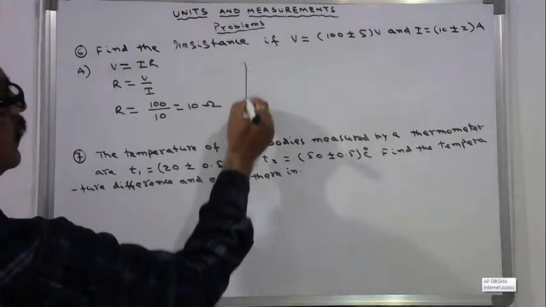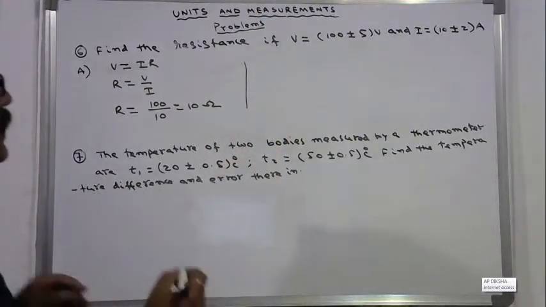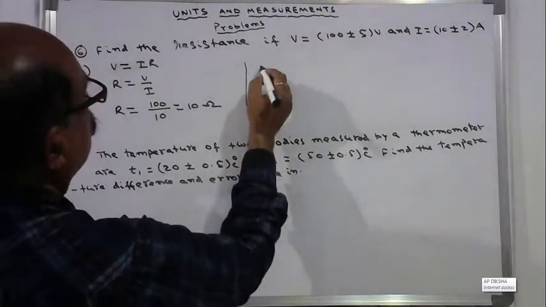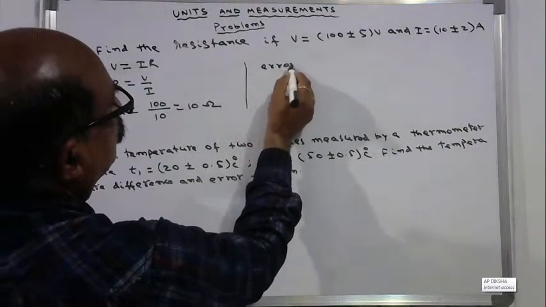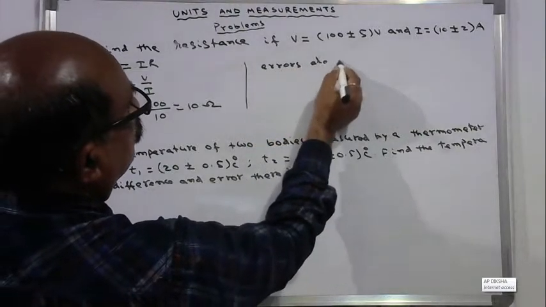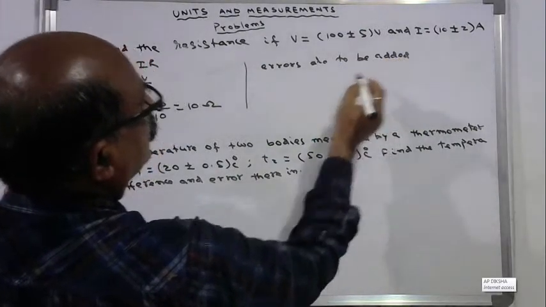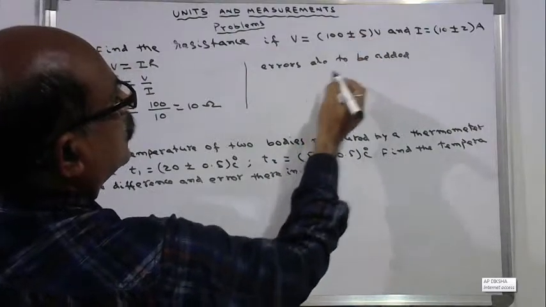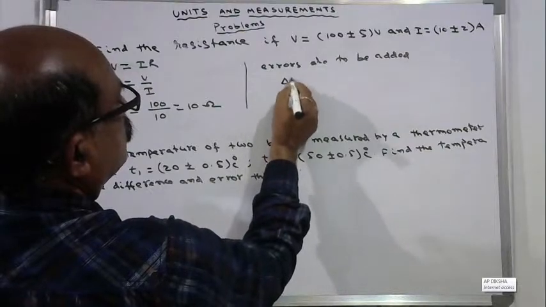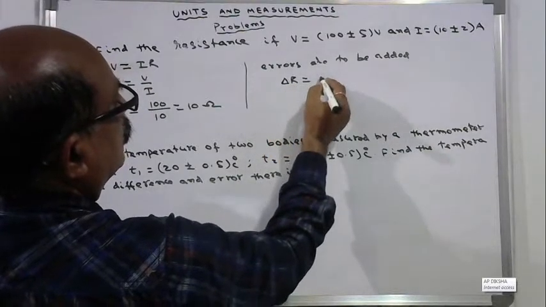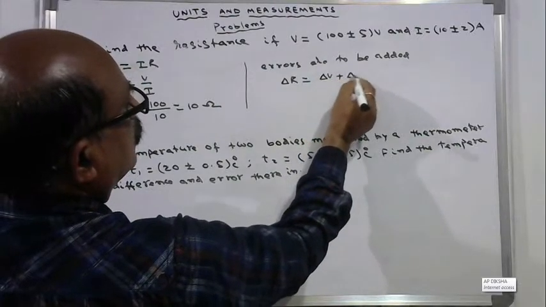And regarding error, errors are always to be added. So what is the error here? 5. What is the error here? 2. So the error in resistance is equal to the error due to voltage plus the error due to current.